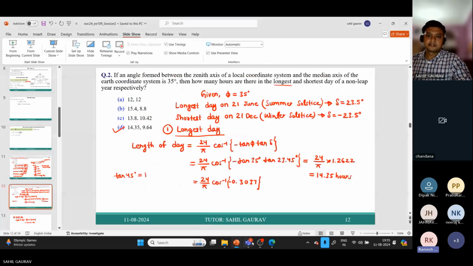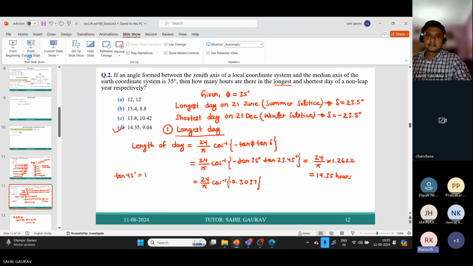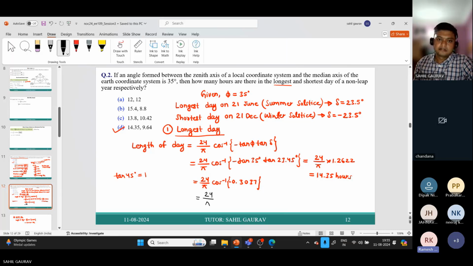Tan 35 degree is 0.7, and tan 23.45 degree is 0.4347.